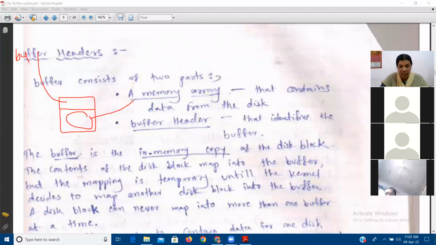Keep in mind, just as we implement an array. What is a buffer? Like an array. To implement an array, what do we need? Memory. What do we do? We declare int a[5]. What do we mean by int a[5]?